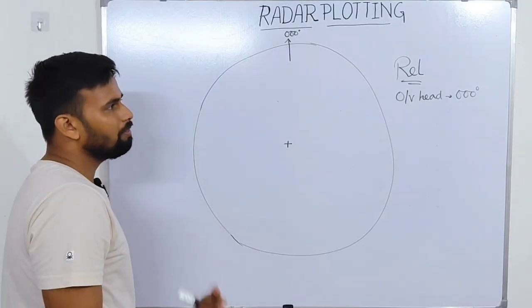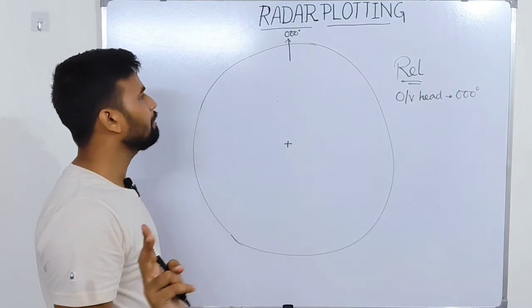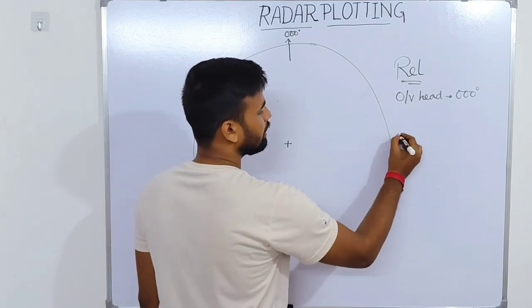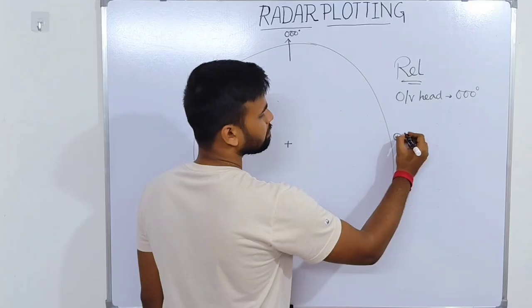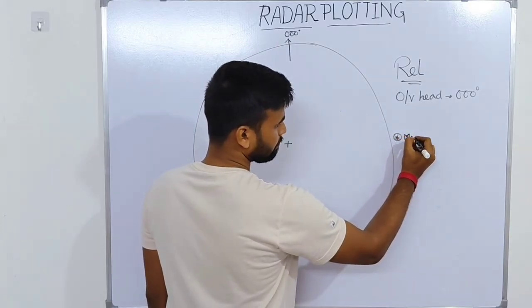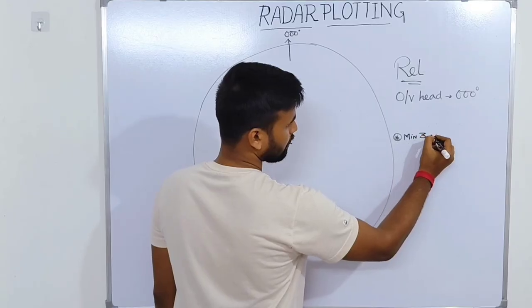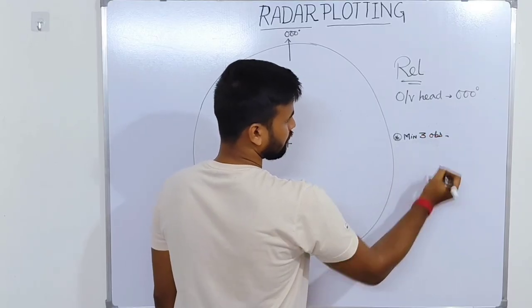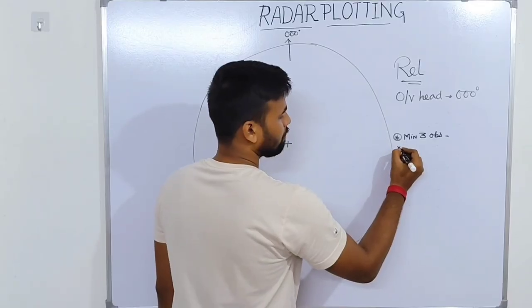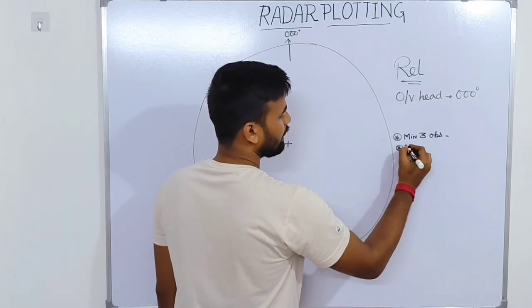Over here we have two things that should be kept in mind for the observation. First, the observation shall be minimum 3 observations. It can be more, but minimum 3. Second one is intervals.